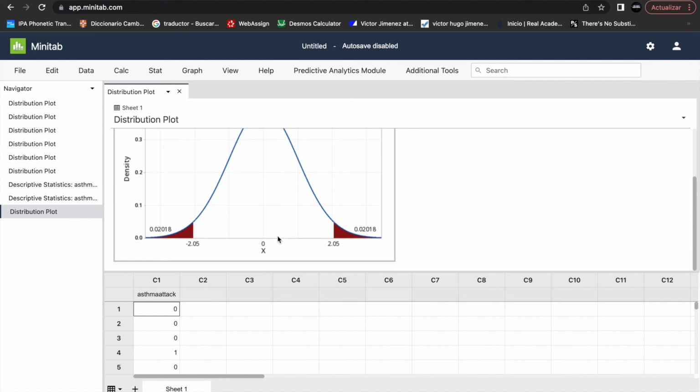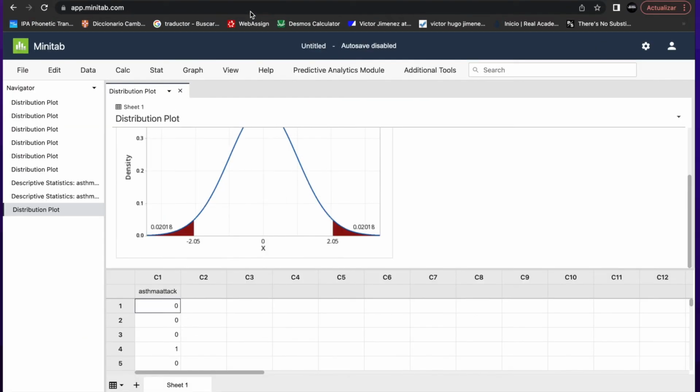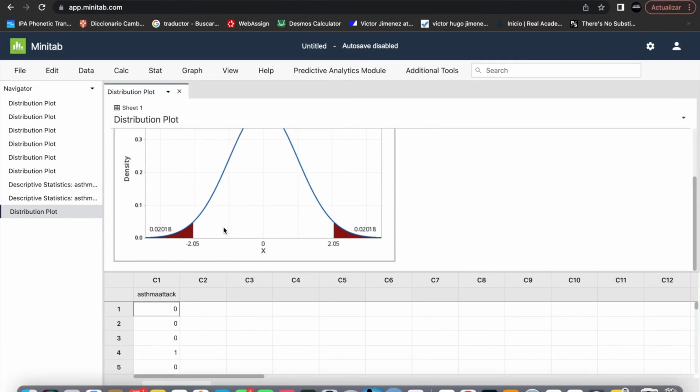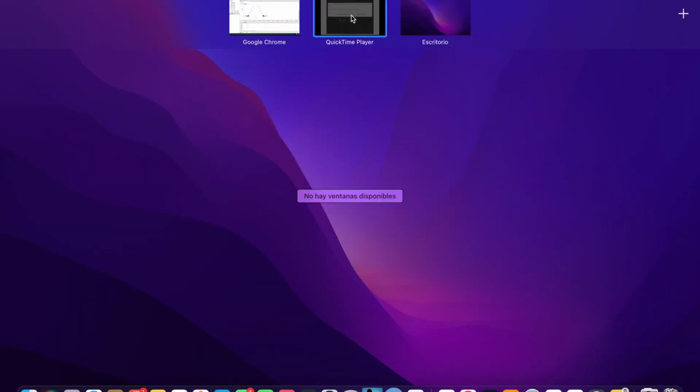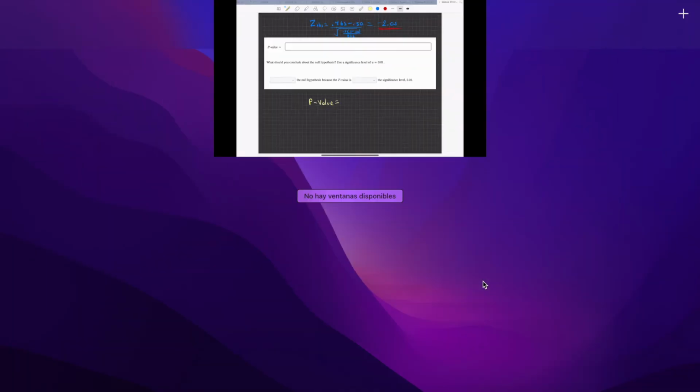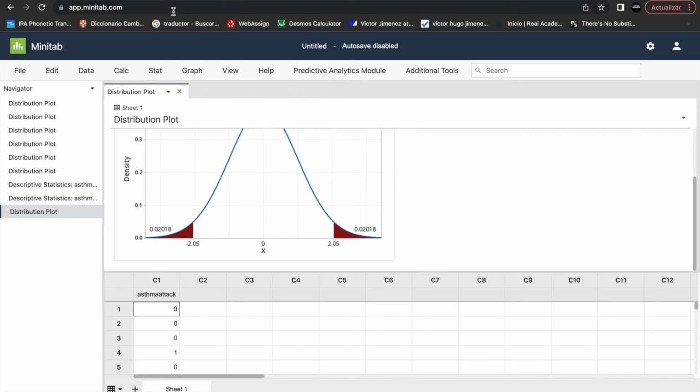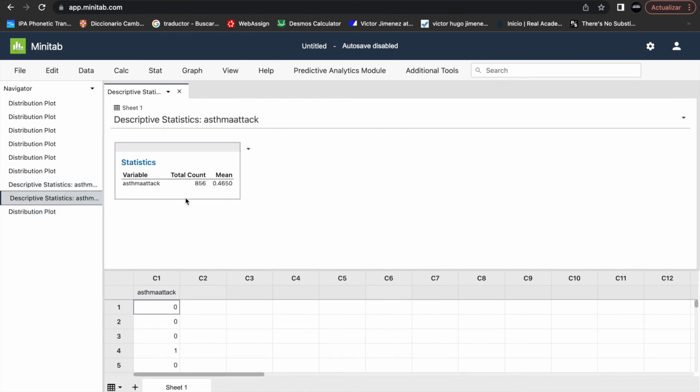So in this case, the p-value is going to be the sum for these two. For this and for this one, 0.02, 0.02. But wait, let me be sure that I have my computations correct. So we had here 856, 0.465.